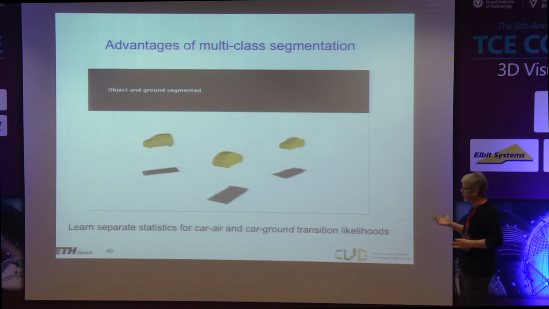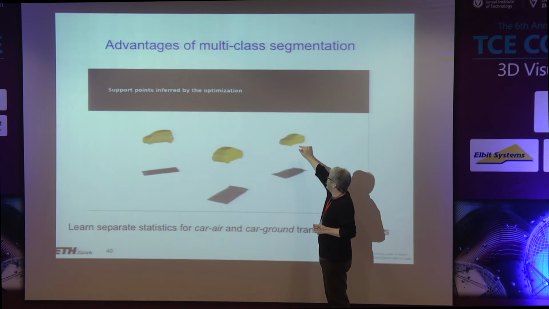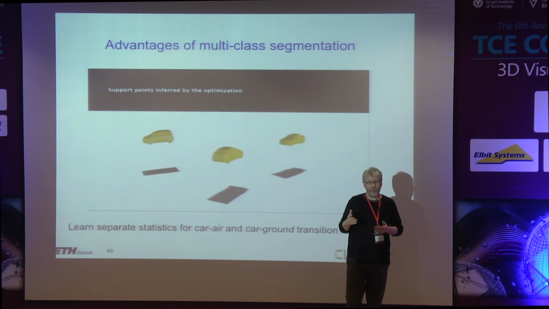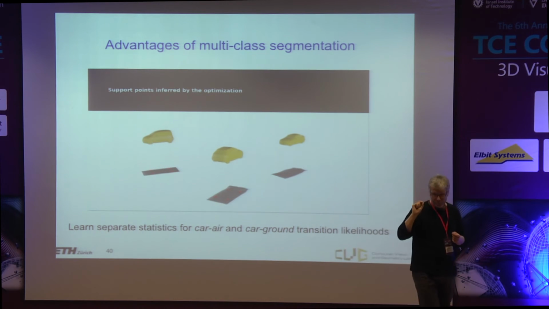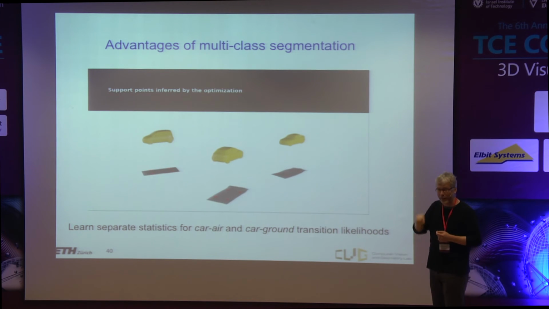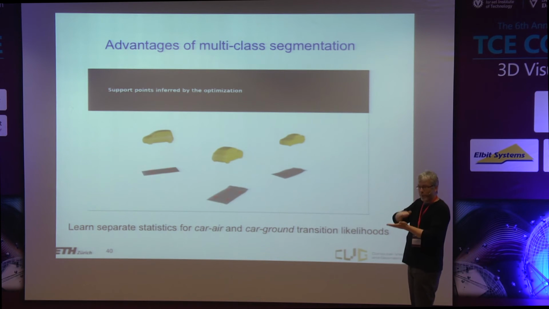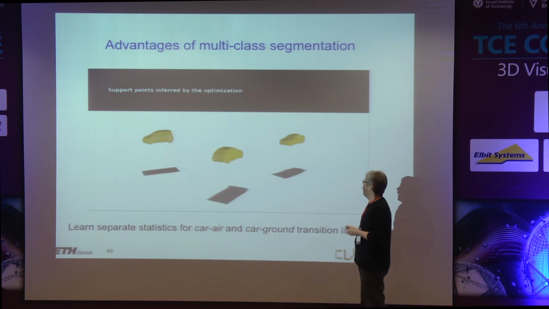And for example, a normal reconstruction would collapse the car and the ground. Here we learn that the car, and this is the non-metric part, doesn't directly transition to ground. It transitions first to free space and then to ground, and that's cheaper than the single transition.